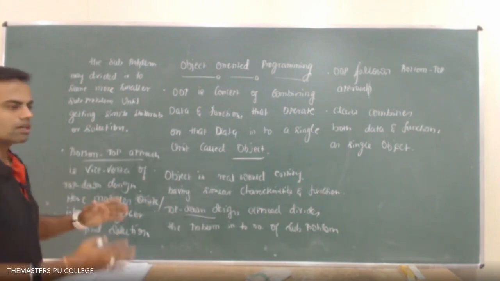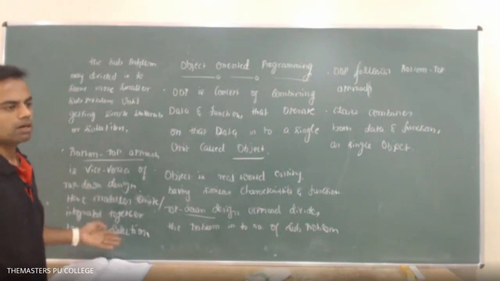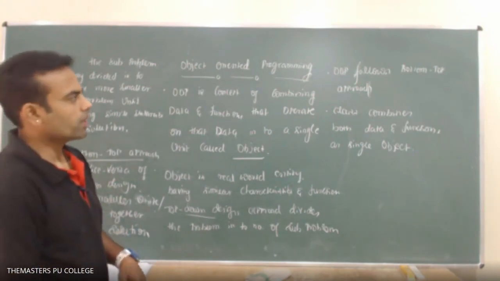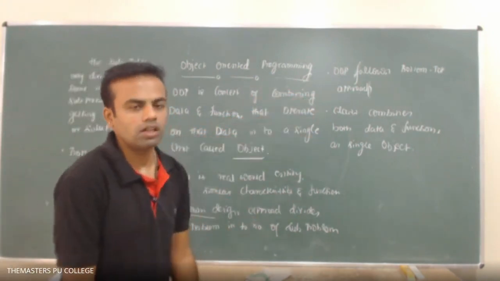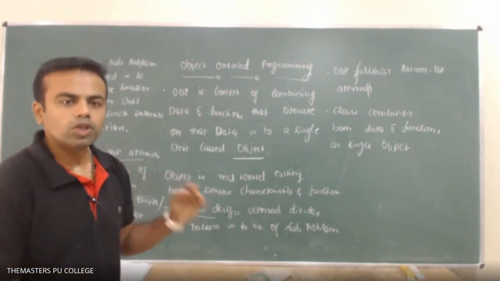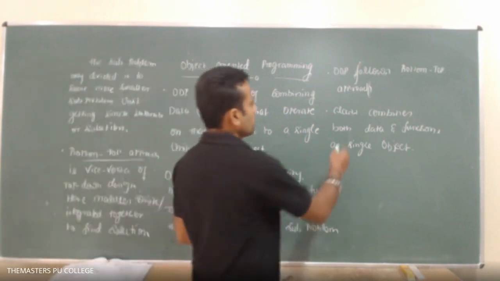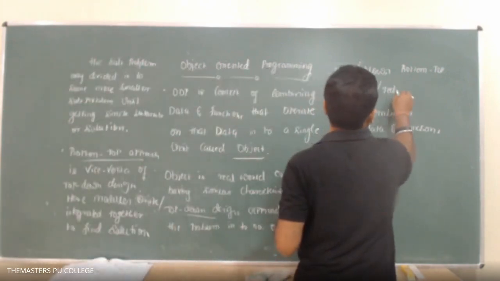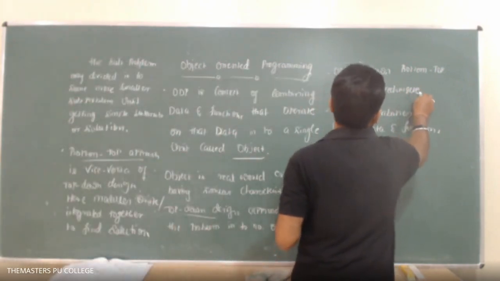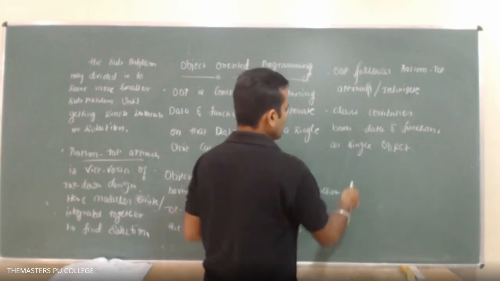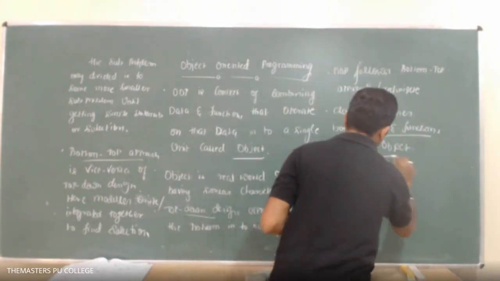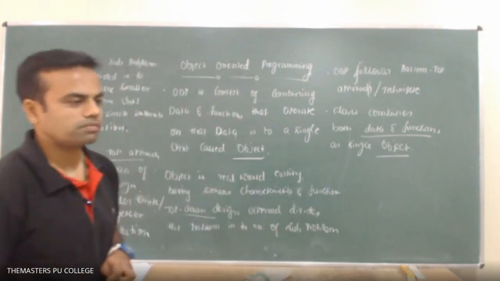Here the modules are integrated together to bring a solution. OOPS always follows the bottom-top approach or technique. The class combines both the data and functions as a single object.